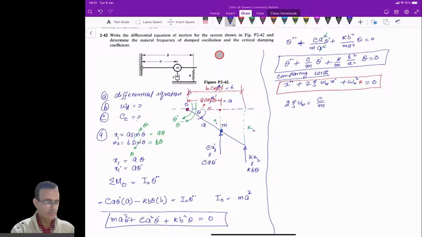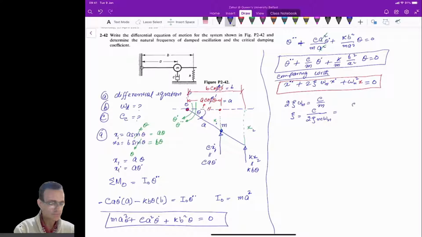So from here you can calculate zeta, which becomes equal to c divided by 2 m omega n. This is the value of zeta, and we can simplify it further by putting in the value of omega n.